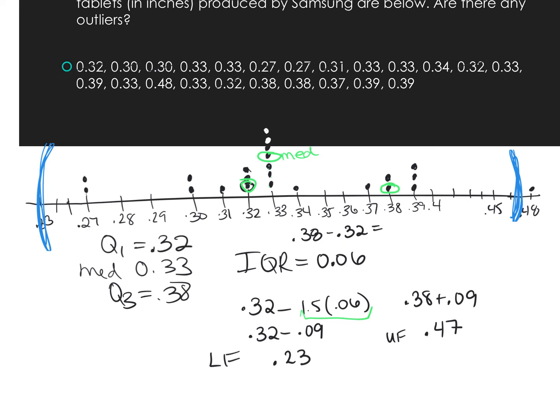Outliers. What? 0.48. So 0.48 is an outlier. So hopefully being on the graph and a number line kind of helps us visualize that fence idea, right? So if it's outside those fences, it's an outlier. We have that point at 0.48.